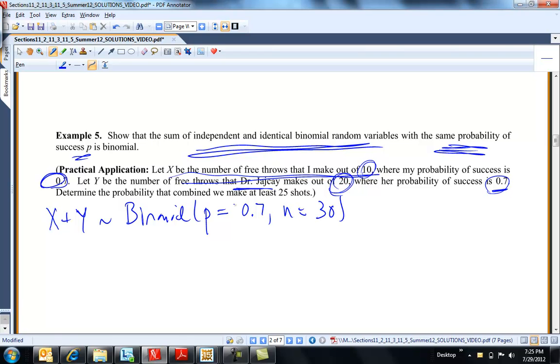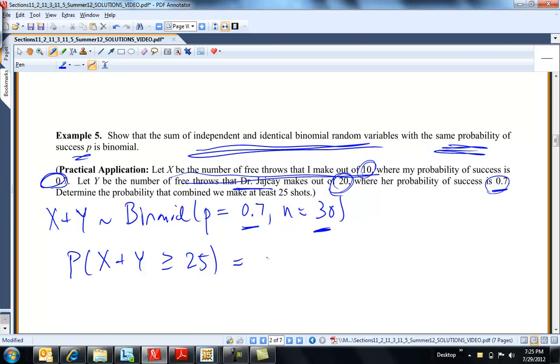So what's the probability that combined we make at least 25 shots, so 25 or more shots? You would expect us, if we shoot 30 shots together with 70%, to make about 21.